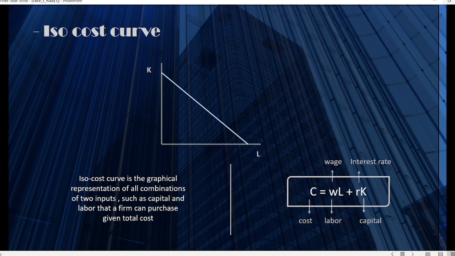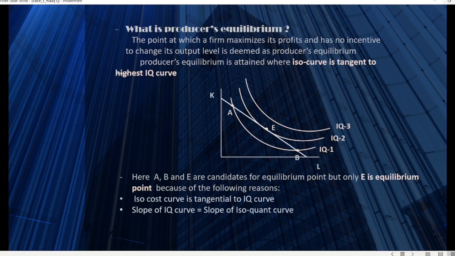Now we'll understand iso-quant and iso-cost together. Let's see how the equilibrium is achieved. A producer reaches equilibrium where the isoquant curve is tangent to the isocost line.